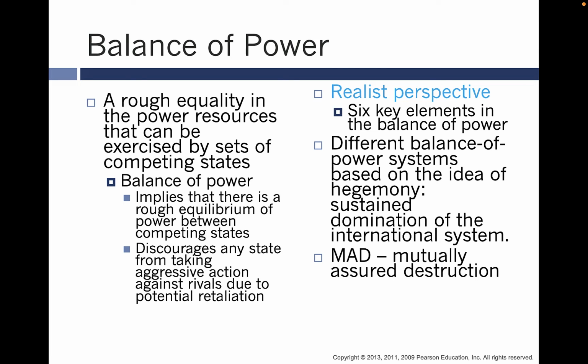In these slides, it goes into the idea of a dominant system, hegemony, and it also highlights mutually assured destruction, where you can come to the realization that the United States and China may never get into any type of armed conflict because we depend on each other so much.